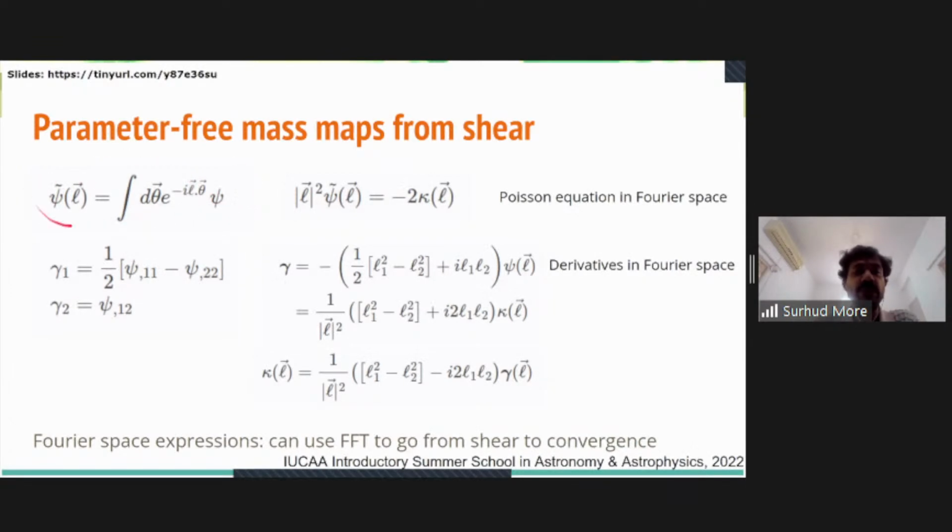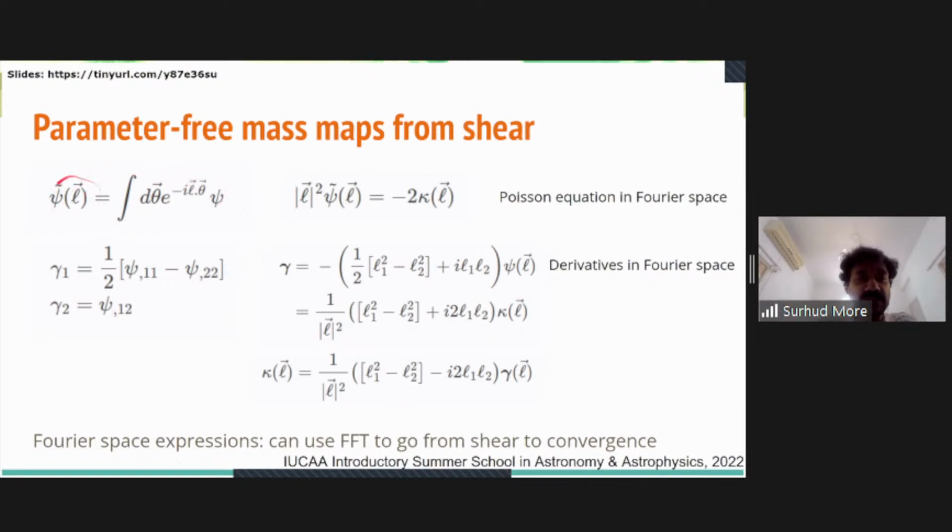And so the Fourier expression will look something like this. psi tilde of L is equal to the integral of d theta e to the minus i L dot theta times psi. So you can do a Fourier decomposition again in 2D, right? So that's why you have this minus L bar dot theta bar, right?